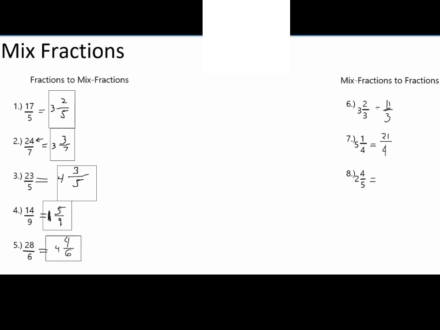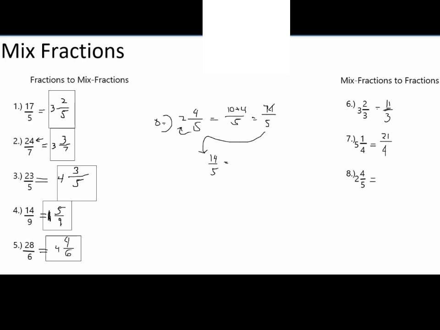So now let's move on to number 8. First, I'm just going to copy the problem. So you can try it kung alam nyo na based on the tutorial. 5 times 2 is 10, add natin sa numerator, and then copy the denominator. So 10 plus 4 is 14 and then copy the denominator again. So that's the fraction.